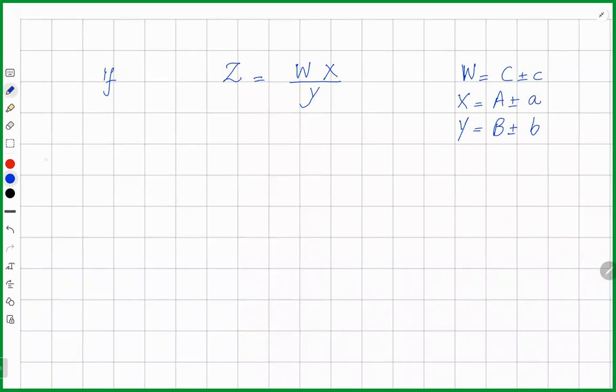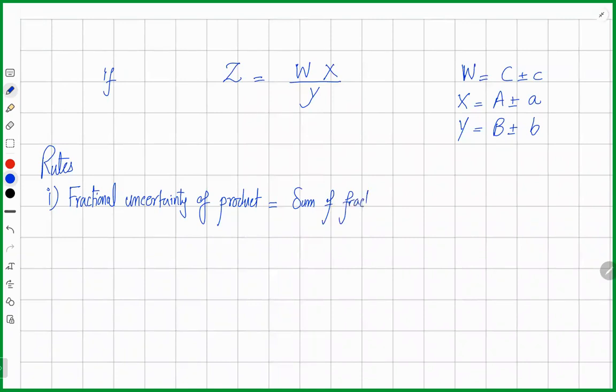Now, rules are, rule number one: fractional uncertainty of product equals to sum of fractional uncertainties of factors.